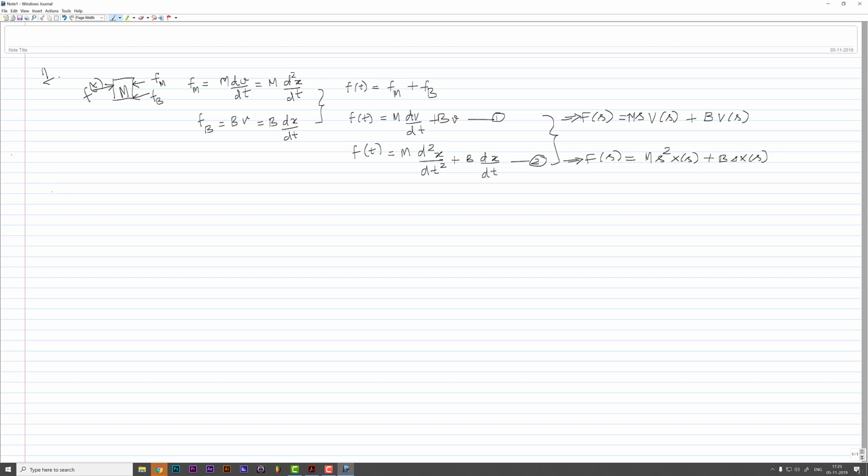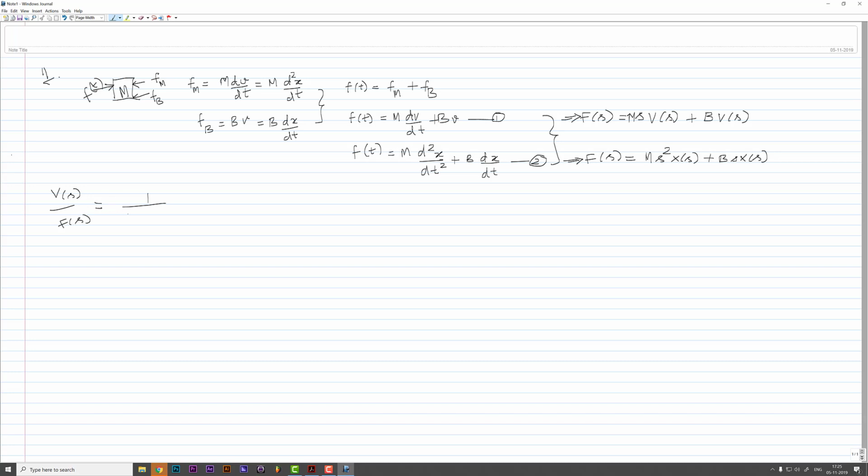So now I will start here. The first Laplace transformed equation will give me v of s by f of s, where the output variable is v and the input variable is f.